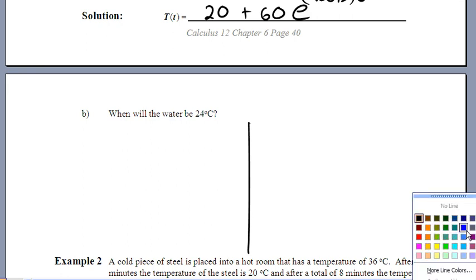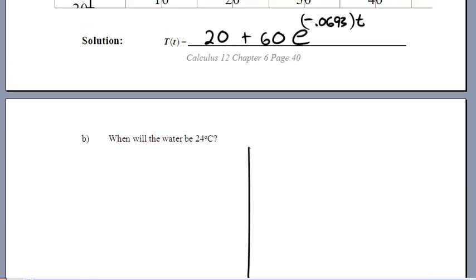So I would say, oh, okay, well, I've got the machine ready to go, and I'm just wondering, when does that machine hit 24? And the machine is 20 plus 60 e to the negative 0.693 times t. Now we're looking for t. So just a little Math 12 review.